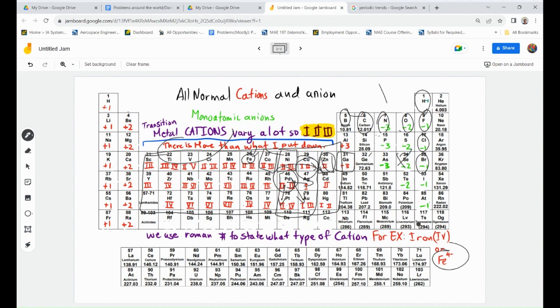At least these ones: hydrogen, lithium, beryllium. Can't really say that correctly. Sodium, magnesium, potassium, and calcium. Everything else here is a blur. I don't really know much of it.